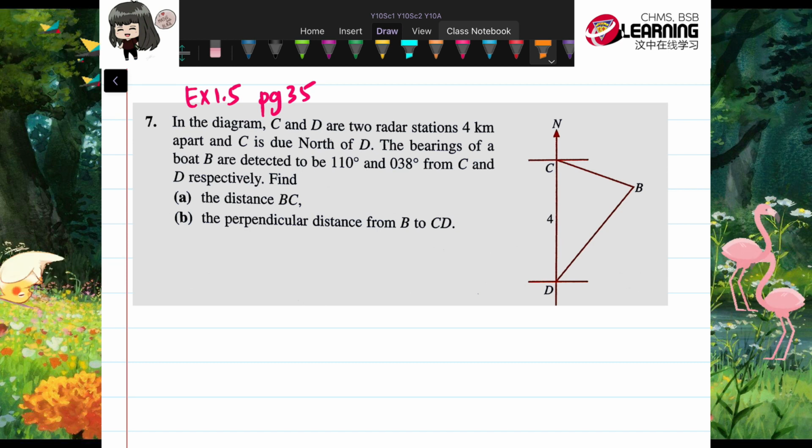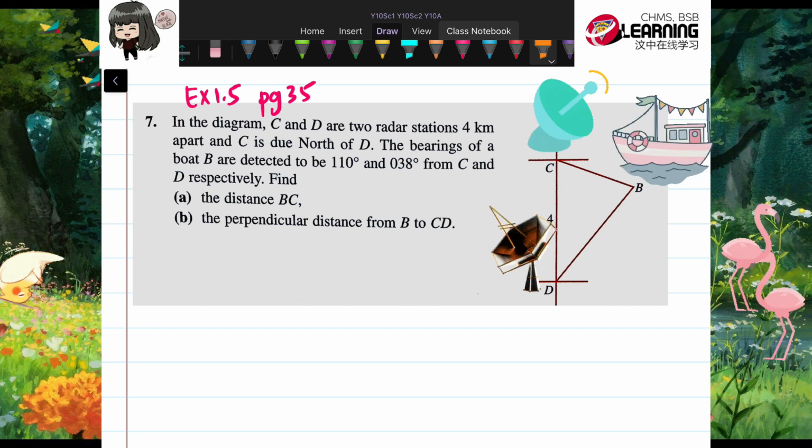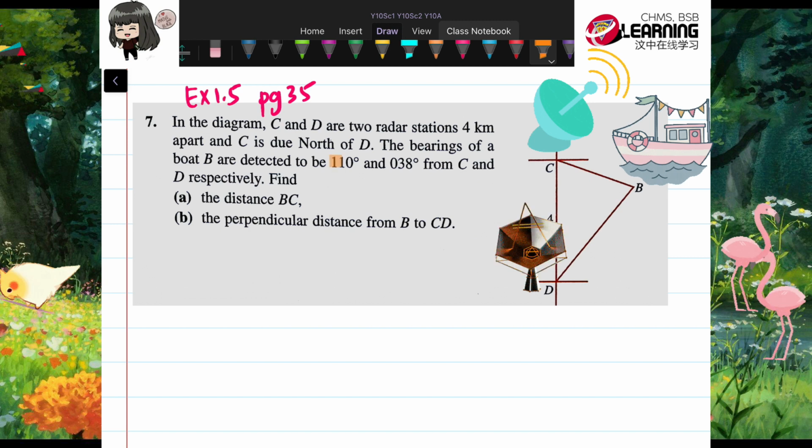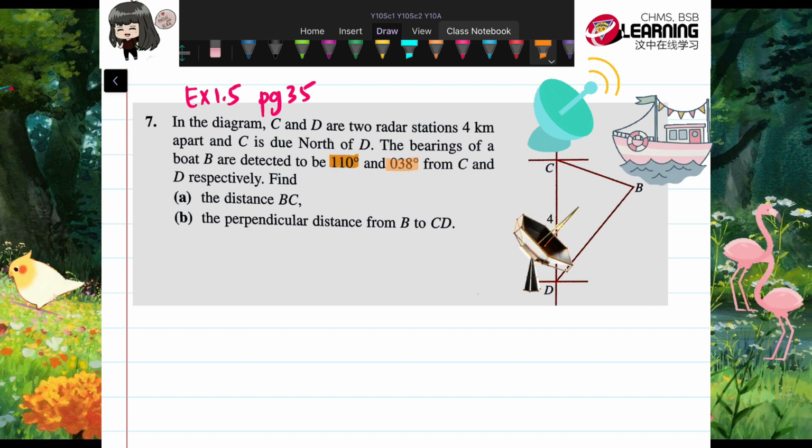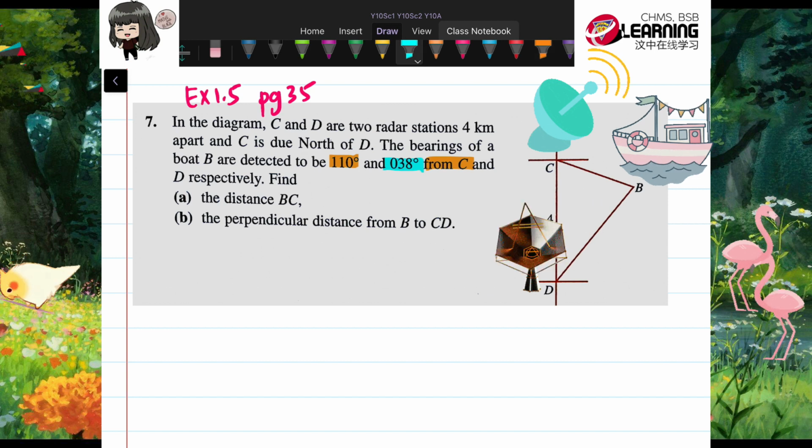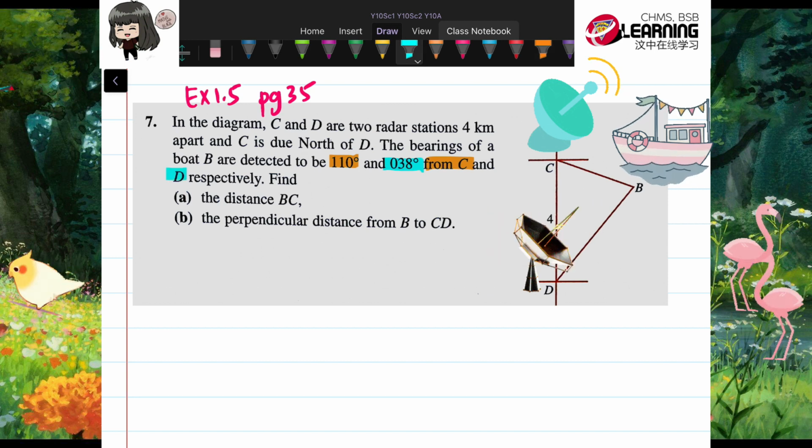C is due north of D. It's all in the diagram already, I don't need to label anything for the first sentence. Second sentence, the bearings of a boat B are detected to be 110 degree and 38 degree from C and D. So we have two angles here, I'm going to use two different colors. 110 is from C, 038 is from D.